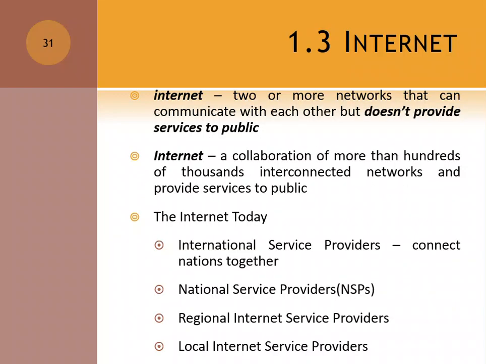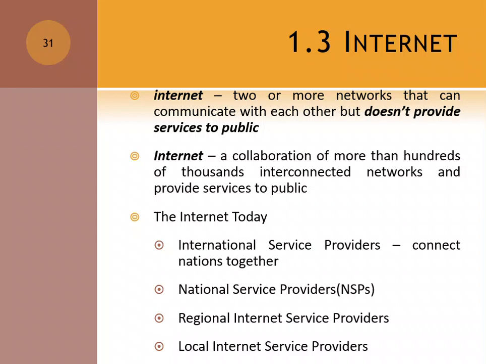Okay, next, internet. Okay, we usually use internet in our daily life. But in Datacom, we have two spellings for internet. One with the small i and another one is the capital I. Okay, what are the differences between these two?